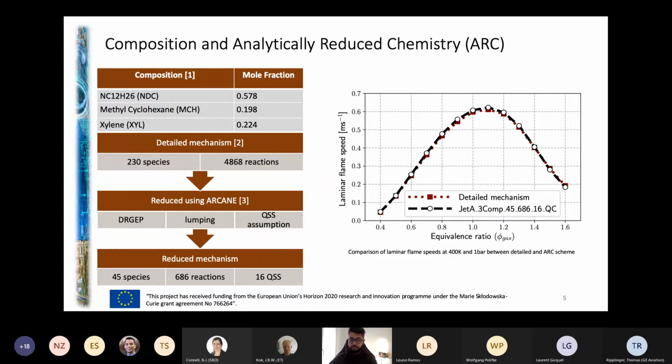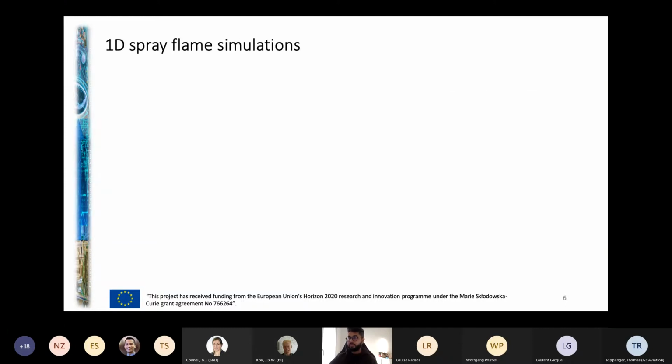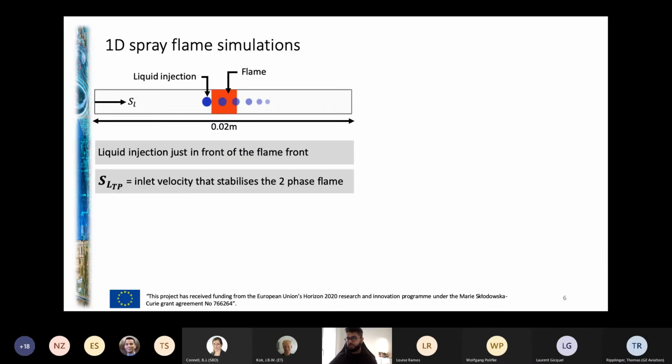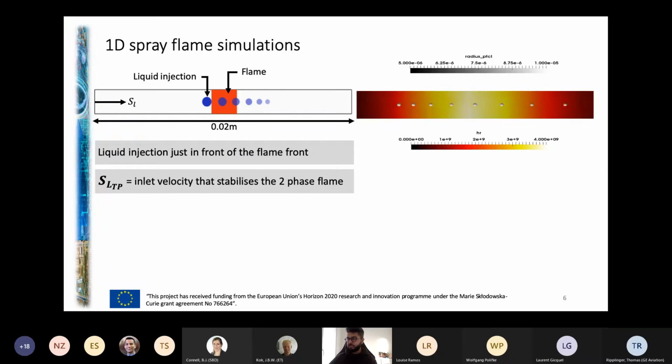So the first step was to combine these 2 things. We started off with 1D spray flame simulations where we tried to stabilize a 2-phase flame and look at how the interactions between the 2 phases take place and study flame structures.